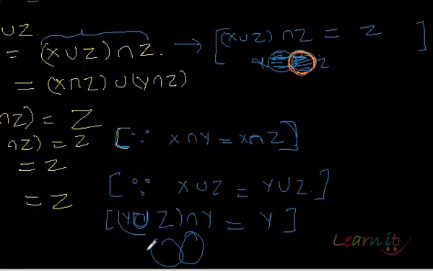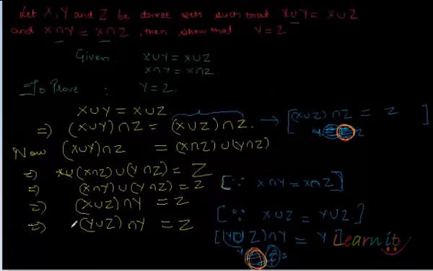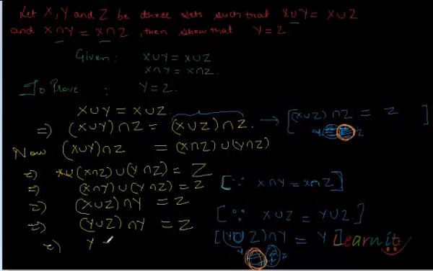Because see, again, if this is Y, this is Z, the union contains complete this, but if you take intersection with Y, the only part that remains is Y. So this implies Y equals Z. Okay, and we have proved what we wanted to.